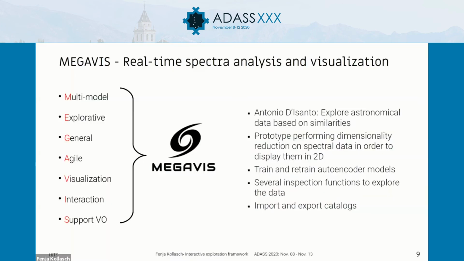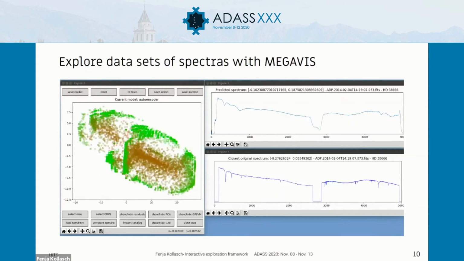The first one is the Megabus prototype to perform dimensionality reduction on spectral data in order to display them in 3D. This happens by training an autoencoder and using its latent space for visualization. In the diagram, you see the latent space of an autoencoder trained with spectral data.